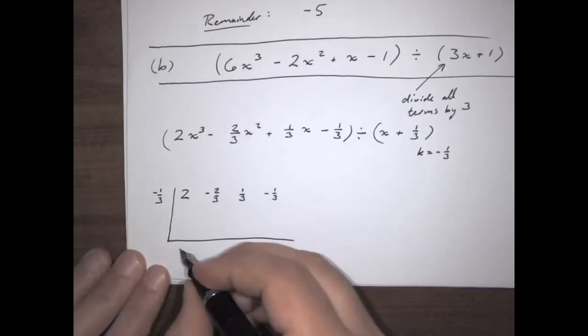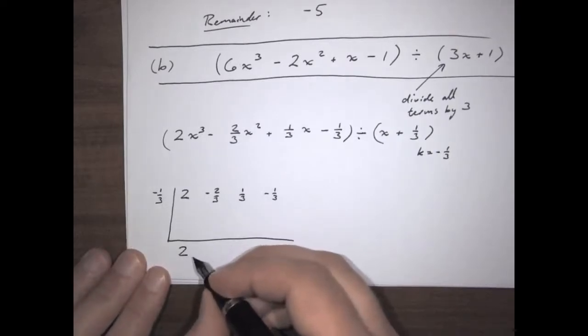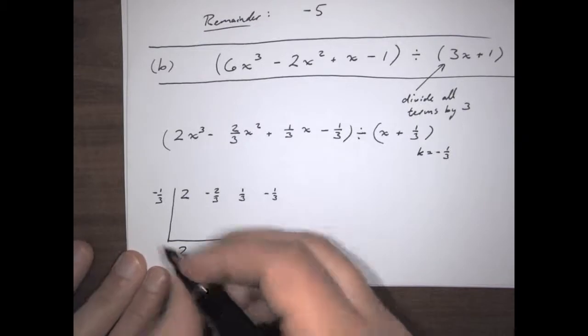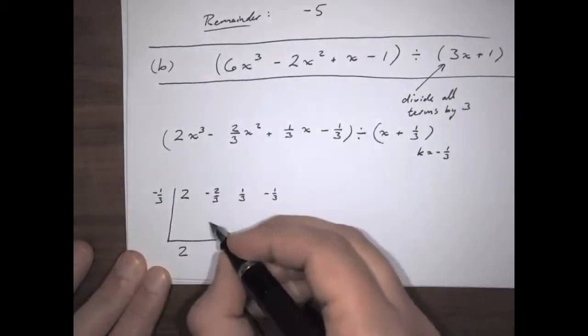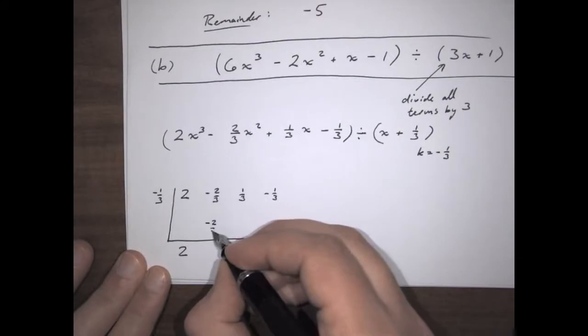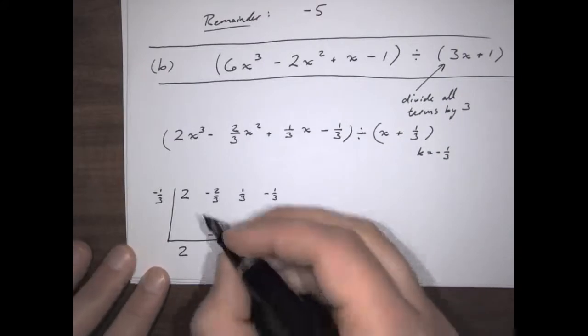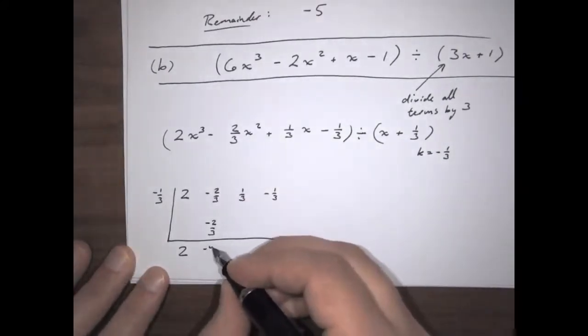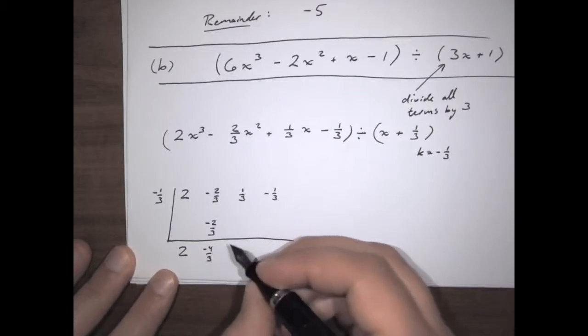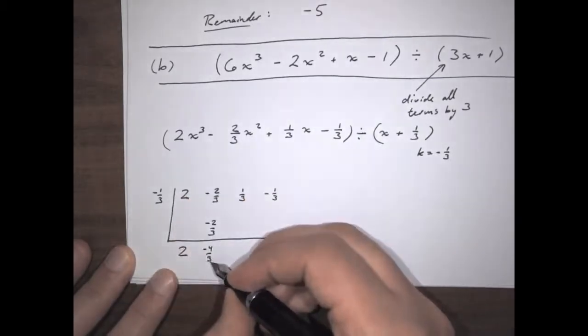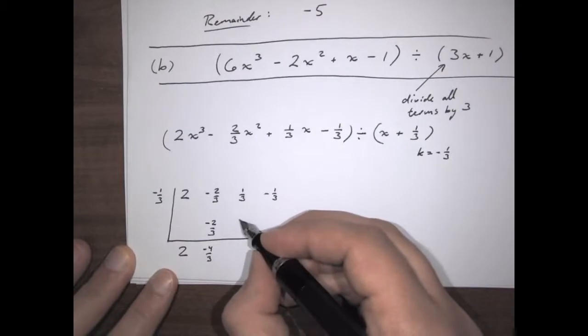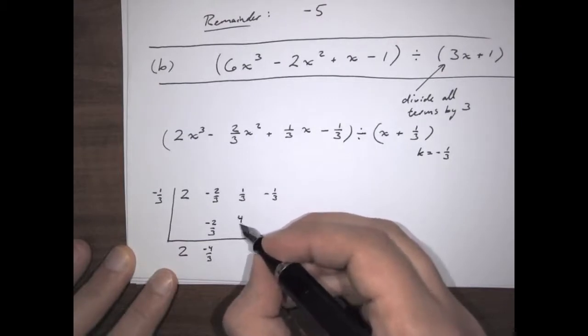Then down comes the 2 in regular fashion. Then we do 2 times that, and we'll have negative 2/3. Then we add those, that'll be negative 4/3. Then we do this times this, and that'll be positive 4/9.